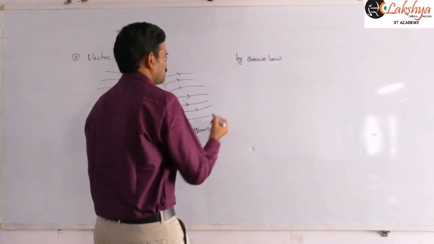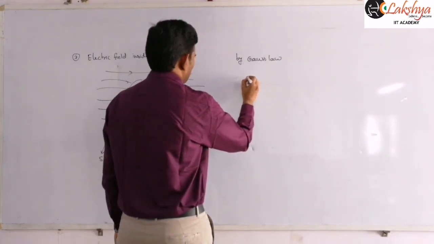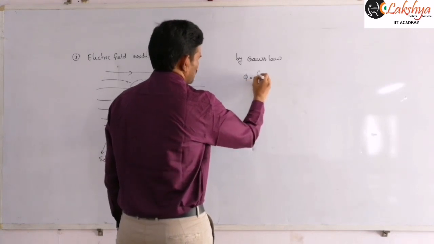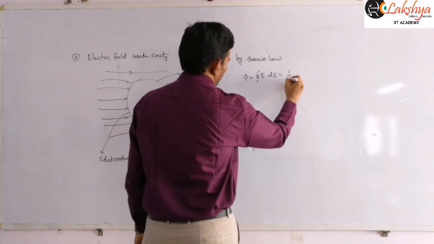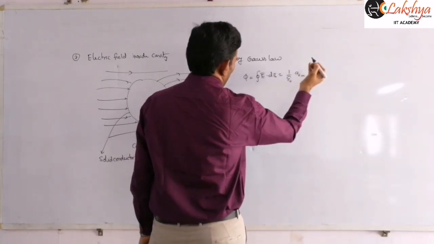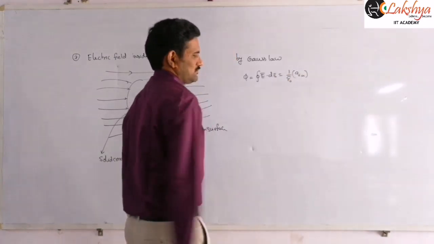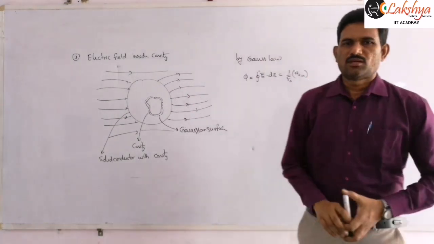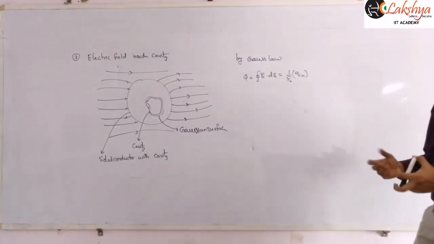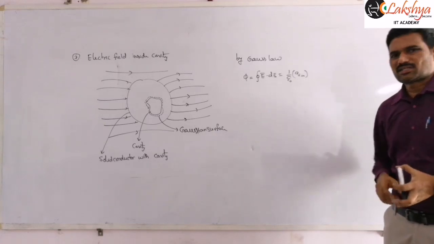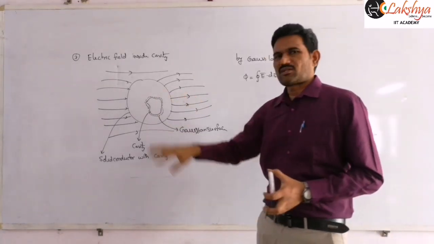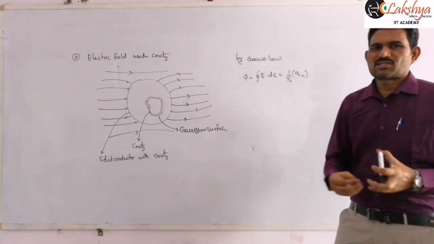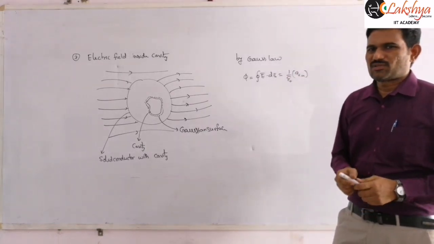By Gauss law, we can write phi is equal to the integral of E bar dot dS bar is equal to 1 by epsilon naught times q in. That q in is the charge present inside the Gaussian surface, and this integral of E dot dS is the electric flux through it.